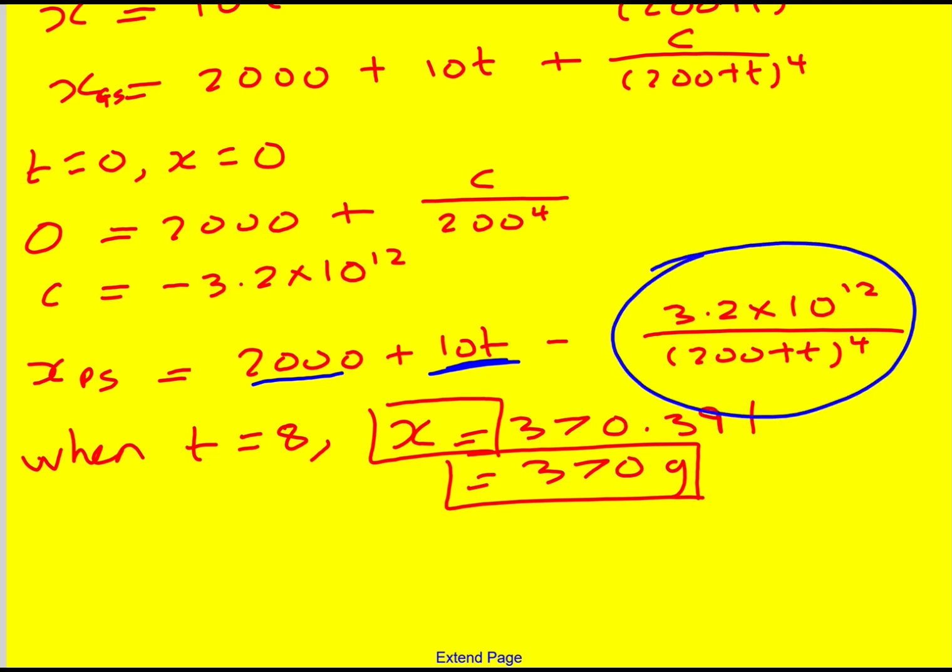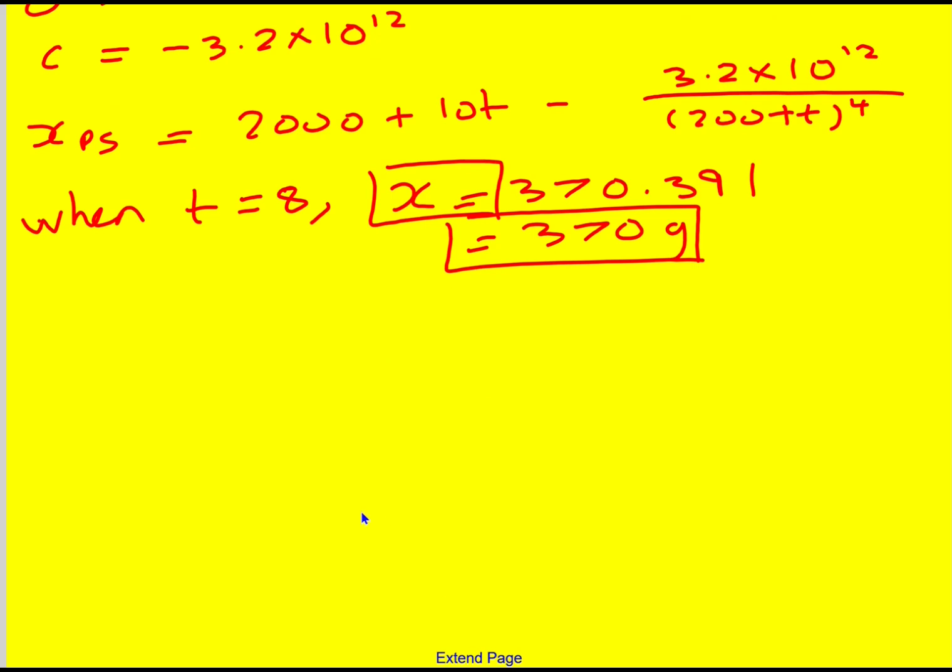And this here is going to approach 0. But what that means is that x is going to just get bigger and bigger. So I said, as t approaches infinity, x approaches infinity in a linear way. And we need to have a limiting factor brought in to stop that happening, because of course it can't approach infinity in reality. It wasn't in the mark scheme, but I'm feeling like that would be okay.